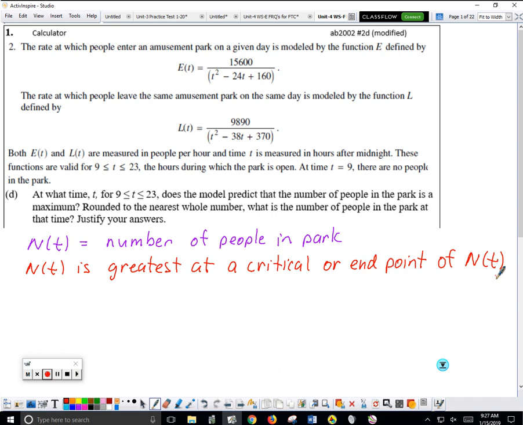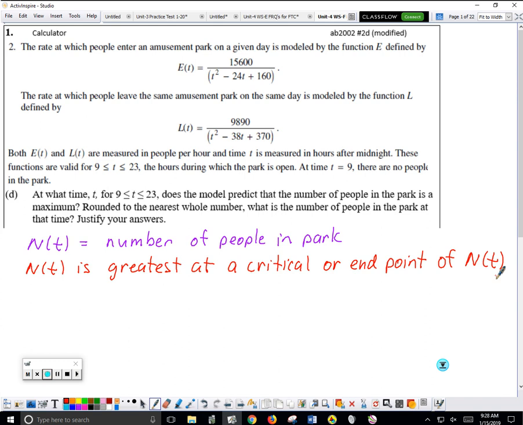A warning: don't get N and N prime mixed up. The moment you are writing your solution and the grader sees that you have those mixed up, you're going to get 0 points because your answers don't make any sense. So be cautious. We're talking about N. N is greatest where N has a critical or endpoint. Okay. Question? Awesome.